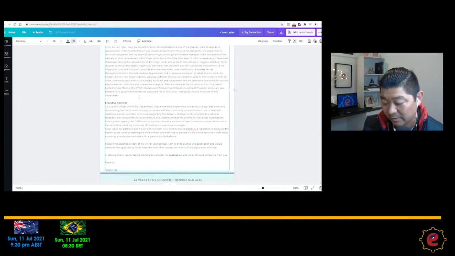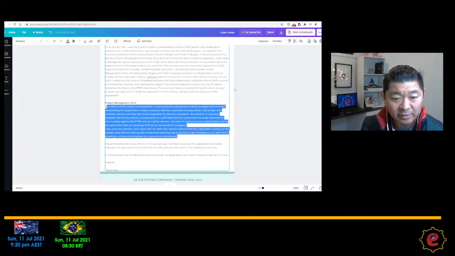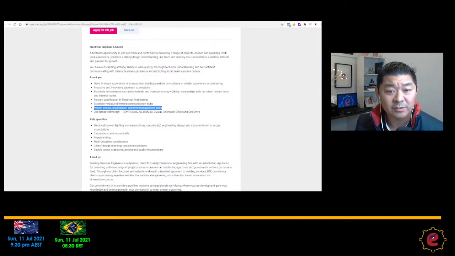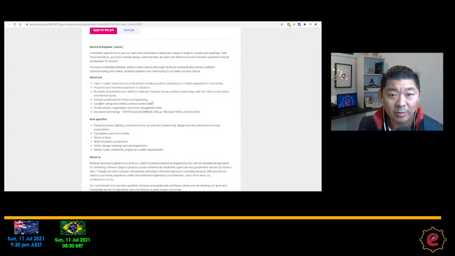So here I would put project management skills. And then I would include a very good example where you have applied or implemented your project management skills, covering the 10 areas of project management according to PMBOK, for example.